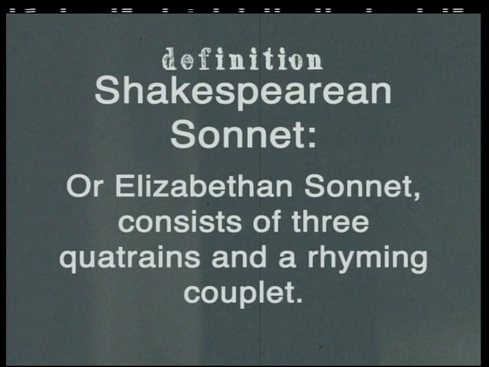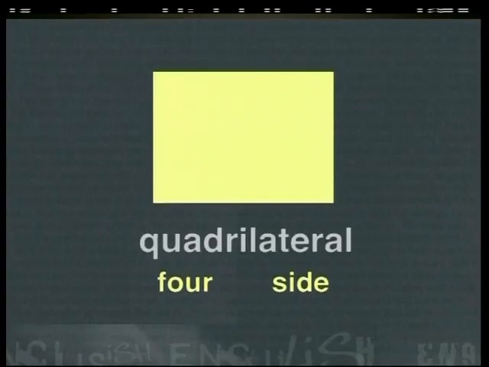Shakespearean or Elizabethan sonnet consists of 3 quatrains and a rhyming couplet. That sounds pretty technical, doesn't it? But it is really easy if you think about it. A quatrain is a section of 4 lines, just like a quadrilateral has 4 sides or a quad bike has 4 wheels.